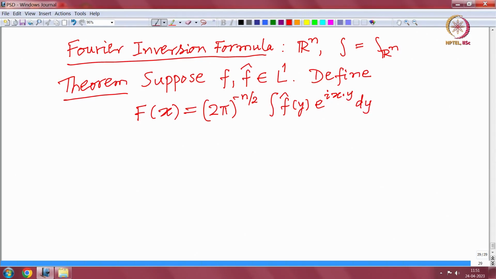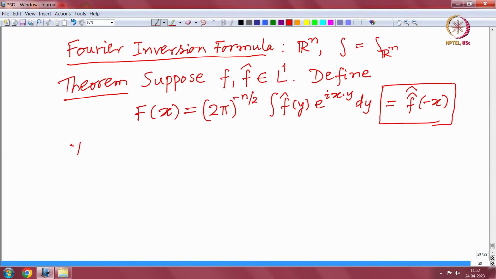If you compare with the definition of the Fourier transform, this is nothing but the Fourier transform of the transform evaluated at minus x. Okay. We will come to that in a moment.